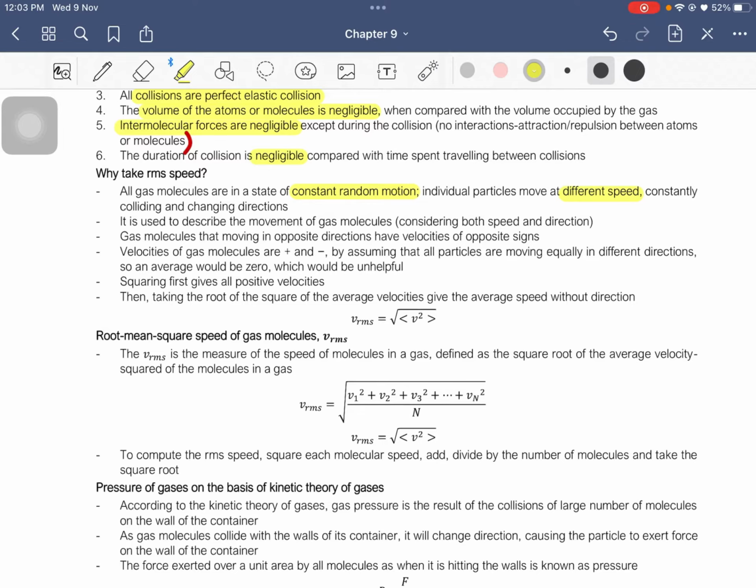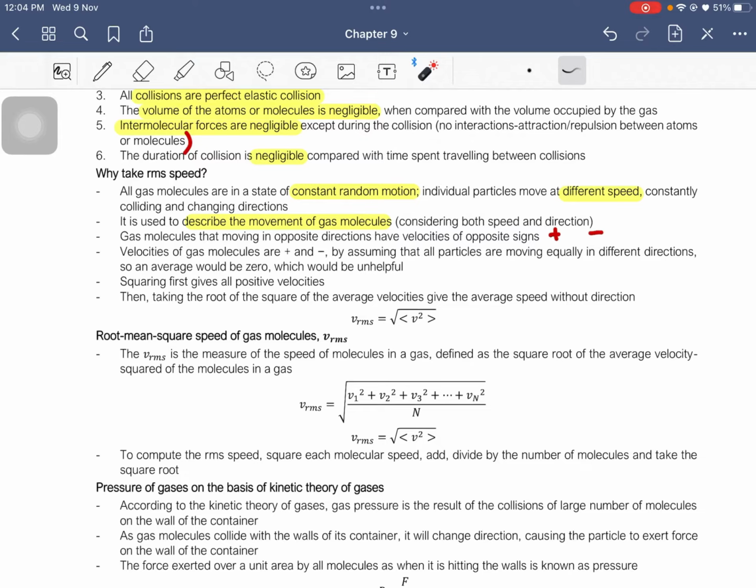So this RMS speed is used to describe the movement of the gas molecules, considering both speed and its direction. The gas molecules moving in opposite directions will have opposite signs. Remember, velocity kita ada positive and negative. So kalau dua-dua ni move in the opposite direction, they would have a different sign.